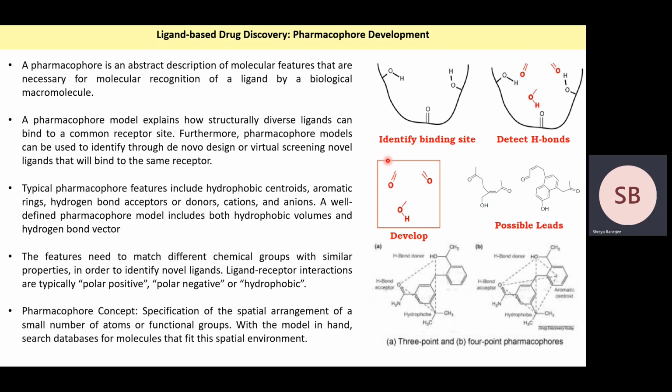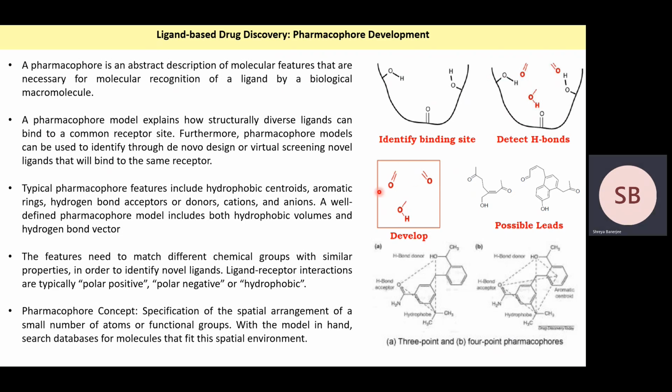So basically, these 3 groups are needed in the pharmacophore, where there are 2 carbonyls and 1 hydroxyl group in this particular orientation. So this is a pharmacophore because it is describing the molecular feature that is needed for binding to the biological macromolecule.